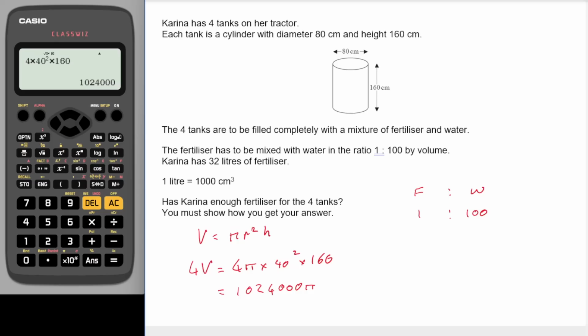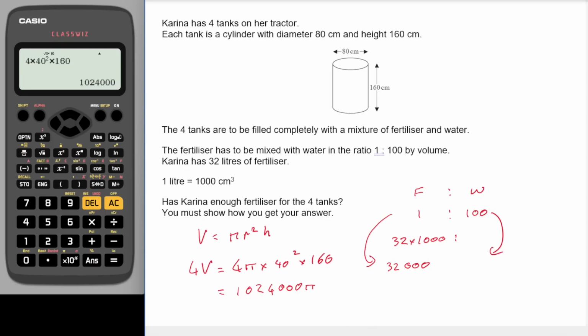She's got 32 litres of fertilizer, so she's got 32 times 1000, so she has got 32,000.